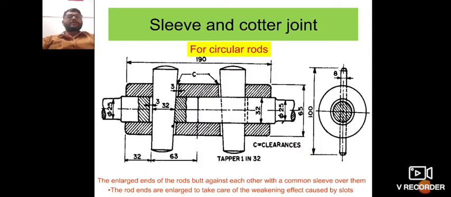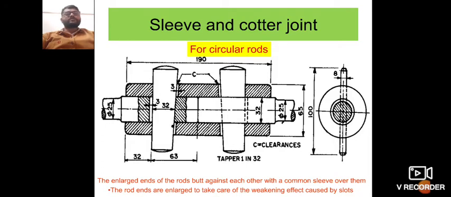Next is sleeve and quarter joint. This is one type of quarter joint, used for circular rods. The diagram shows the sleeve and quarter joint. The enlarged ends of the rods butt against each other with a common sleeve over them.